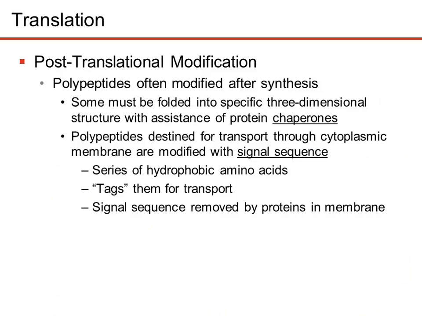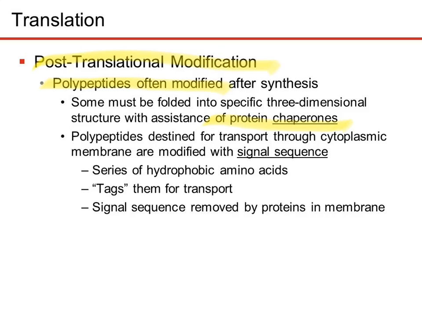So in eukaryotes and in many prokaryotes as well, following translation, we get some post-translational modifications. Sometimes the polypeptides have things that are put on, like carbohydrates and other things. Other times they just need to be folded a little bit more to be functional by additional proteins that are called chaperones.